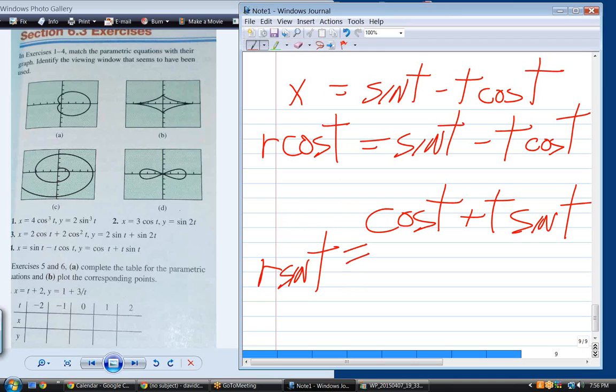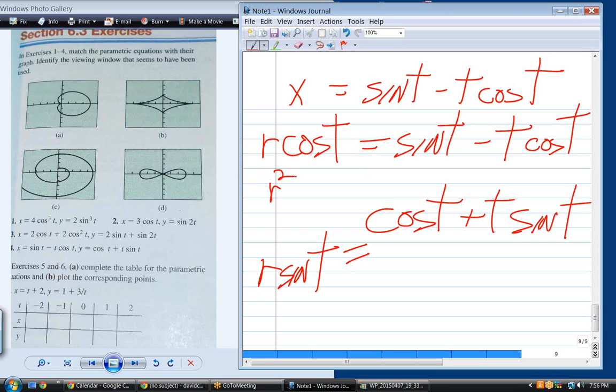If we square and add these two equations, it should work. Let's square this top equation.